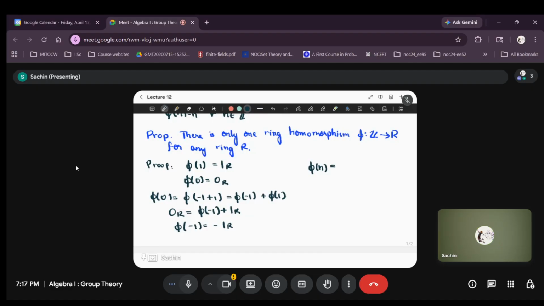It is simply 1 R added magnitude of n times. There are magnitude of n terms in the sum. That's the only homomorphism.